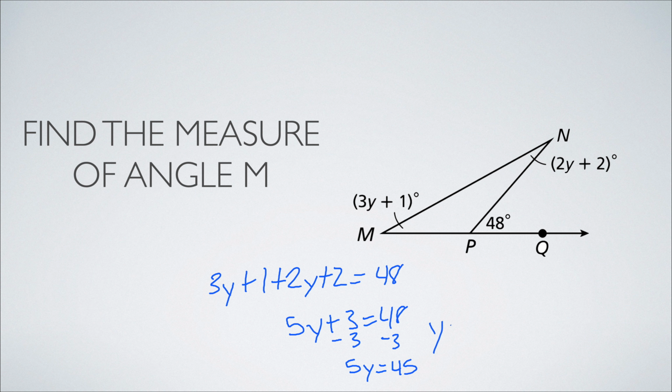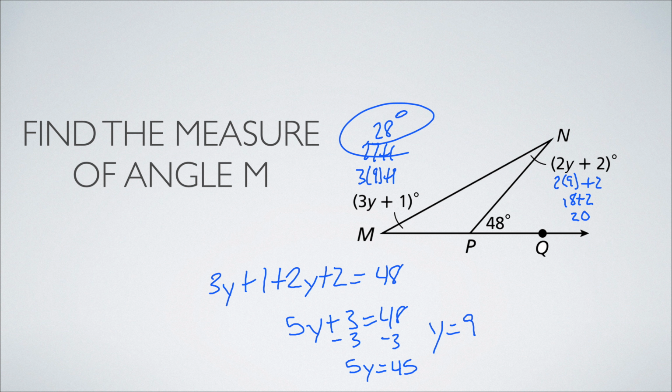That means y is going to equal 9. Then I just do 3 times 9 plus 1. So that is 27 plus 1, or 28 degrees. And just to confirm it, 2 times 9 plus 2, that's 18 plus 2, that is 20. So yep, it is 28 degrees.